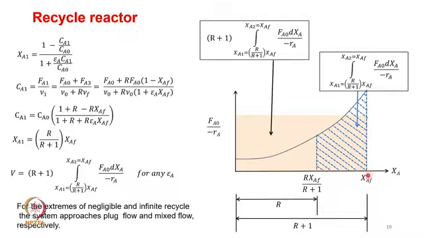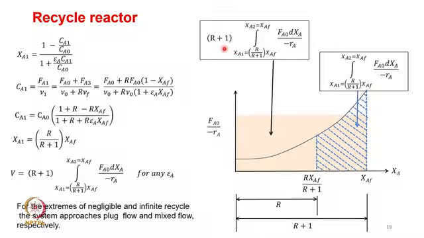XAF is the final conversion, and this is R XAF by R plus 1; that is the area under the curve. What you need to do is multiply this part with R plus 1. So, you may assume, if you can find an average height, that this is a small rectangle, and this is like multiplying that R plus 1 times. So, you may assume this is the entire space that you need to compute as volume.